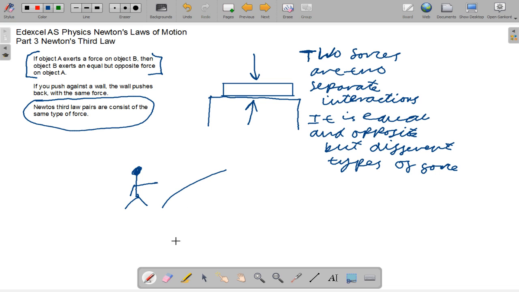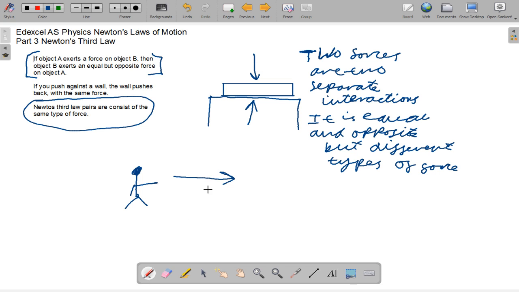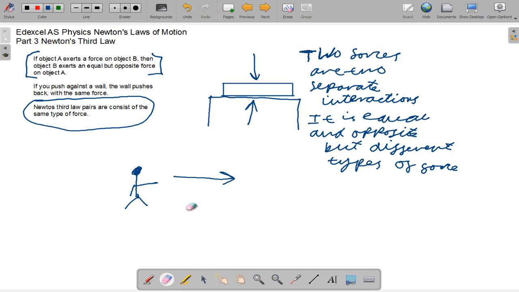Well, not really like that. Walls don't bend, but he'd knock over the wall if he put a resultant force greater than the force that the wall could push back equally and opposite.